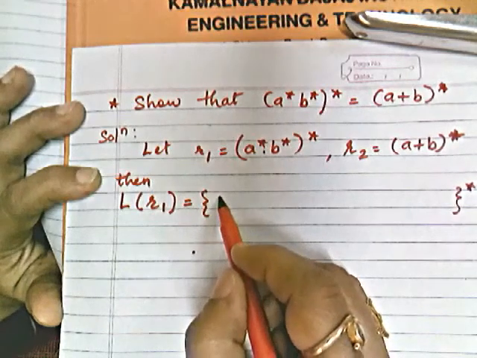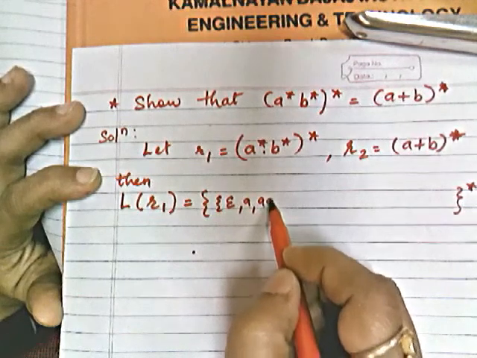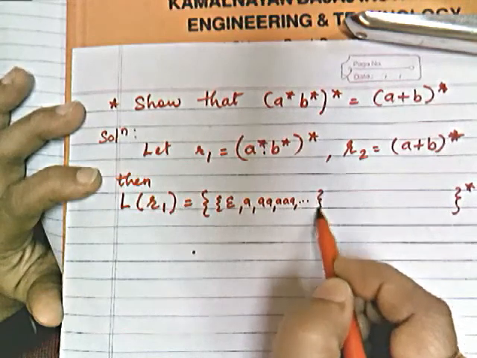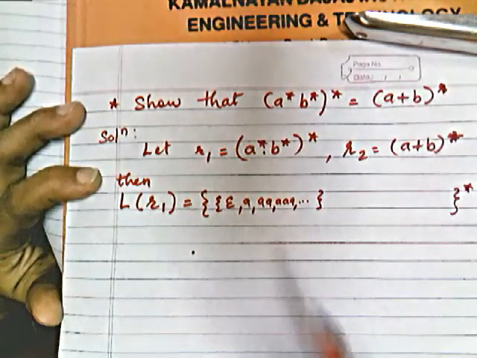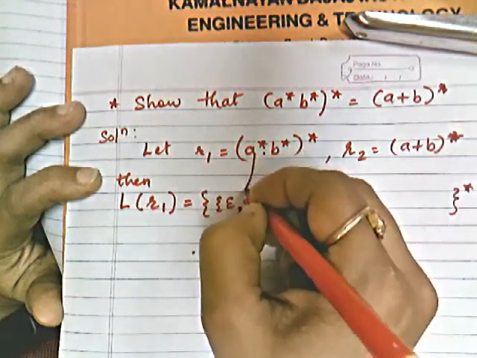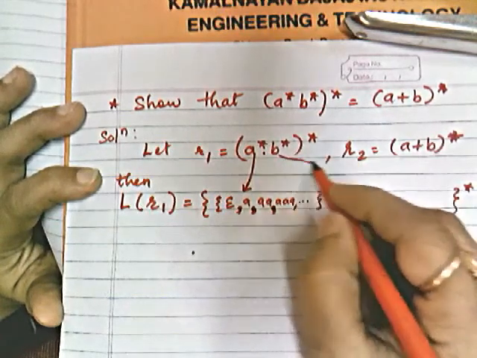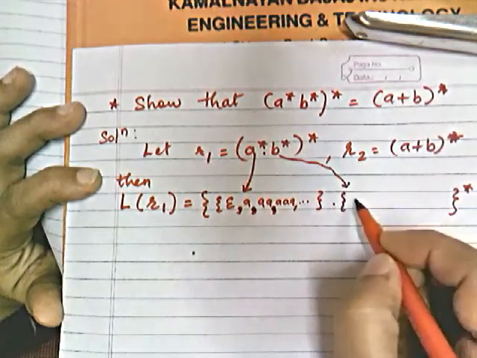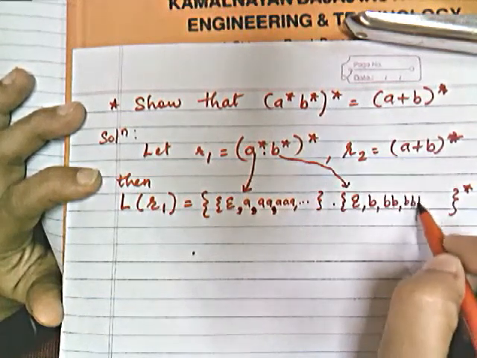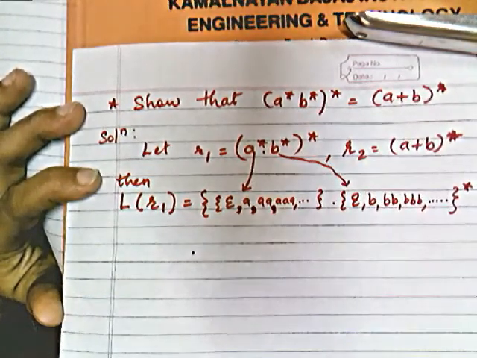It will be empty string, a, and so on. This is the language for a*. Now there is b*. So for b* again we will have the empty string, b, and so on. So this will be our b*, right?